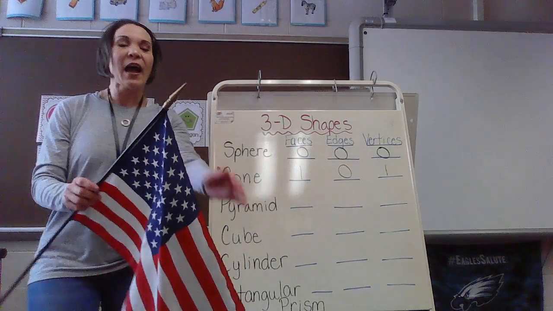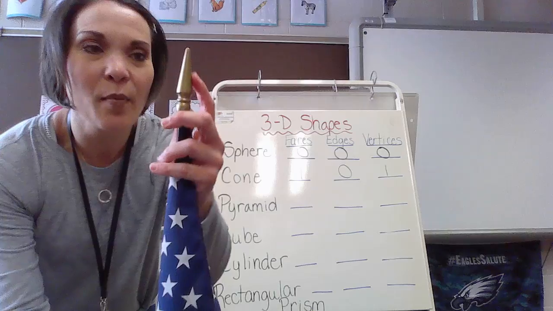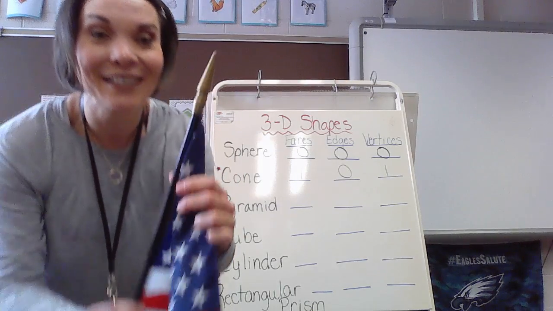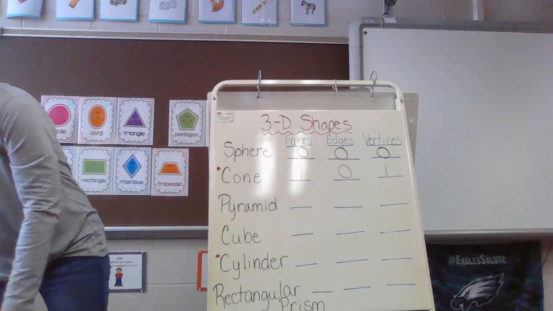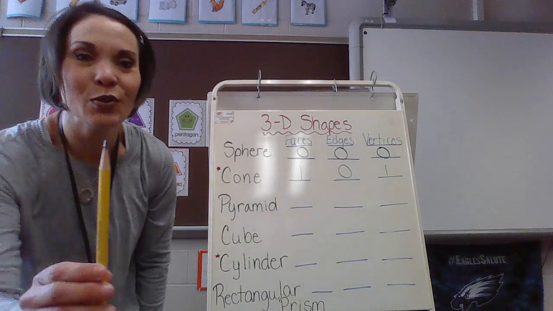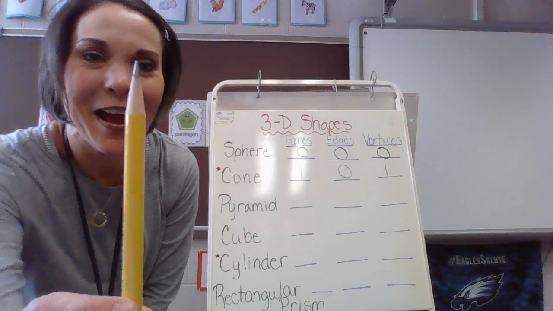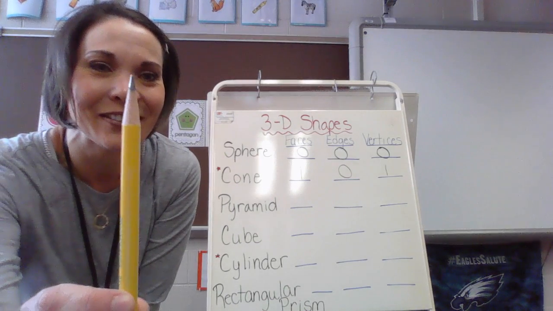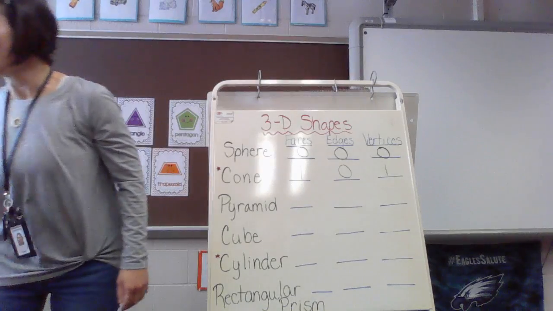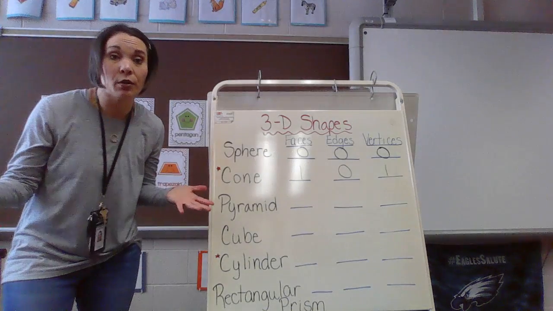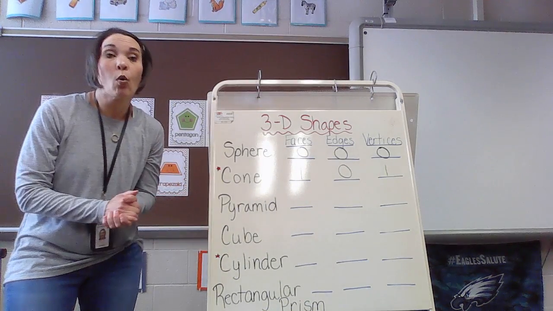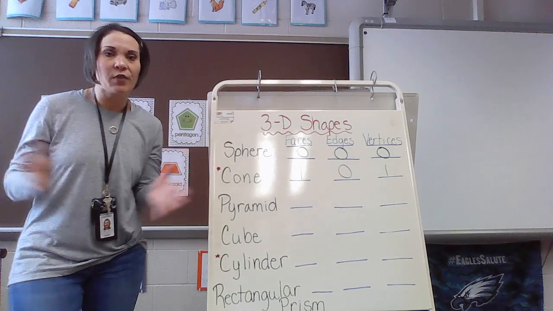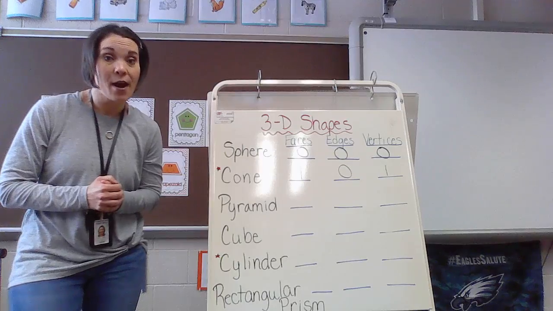I brought my American flag, and the tip top of my American flag looks very cone-like. Also, if you have a super sharp point on your pencil, that's a cone too. There's also other cones you're probably thinking about, like a party hat or a construction cone you could see on the highway. There's plenty of cones everywhere, but this is just what I have in my room right now.